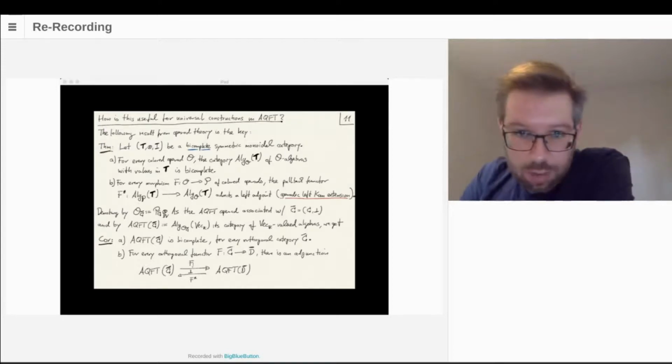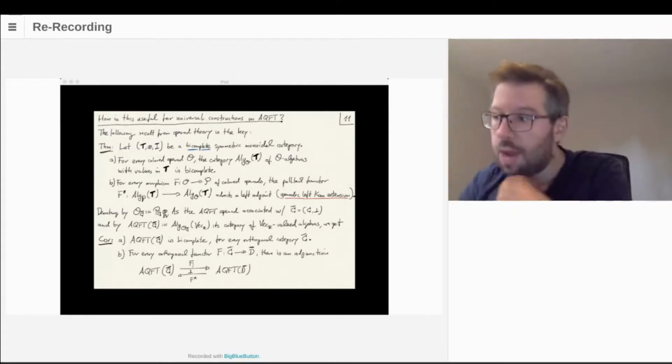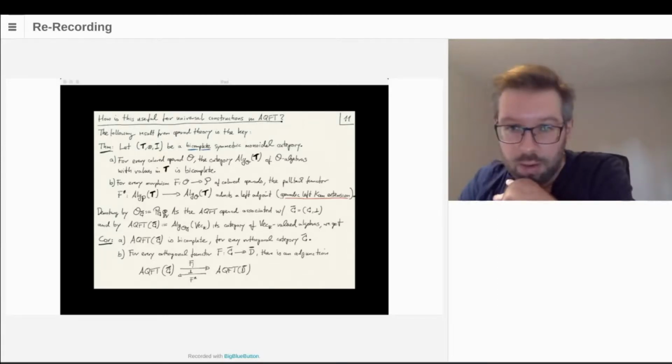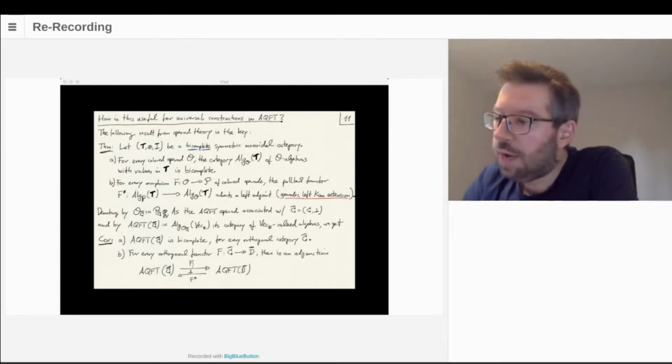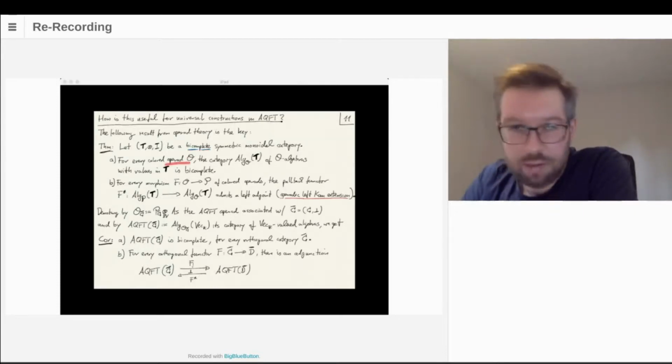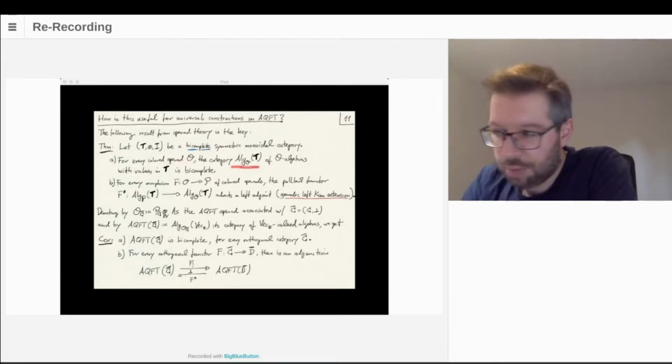If your symmetric monoidal category in which you take algebras is bicomplete, so it has limits and colimits, then for every colored operad O, its category of algebras with values in T is bicomplete.